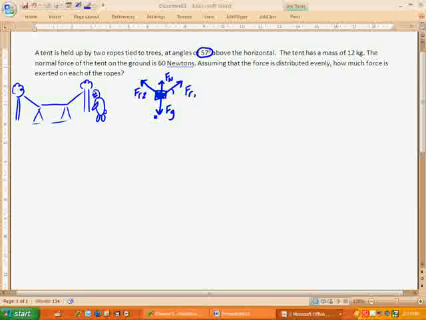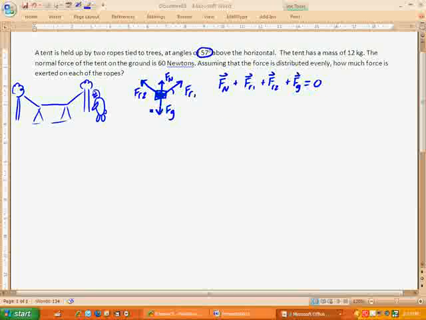Okay? So if I write equations for this, I can write an overall equation that takes the normal force plus the force of rope 1 plus the force of rope 2 plus the force of gravity and adds them all together, and that should equal 0 since the tent is not accelerating.